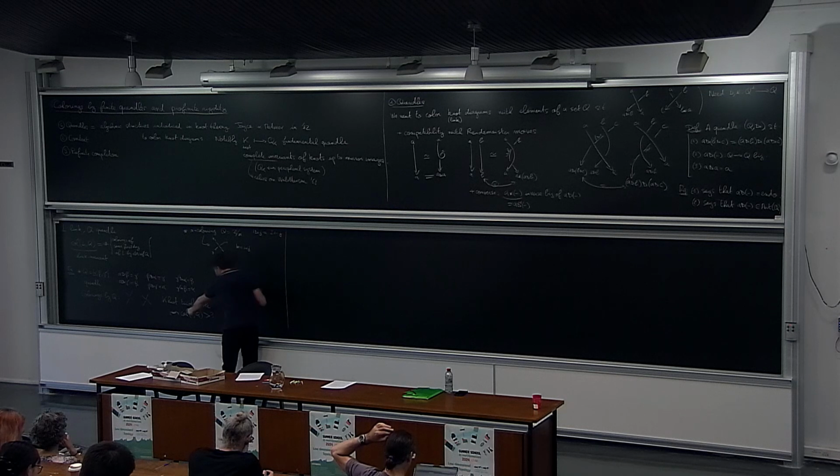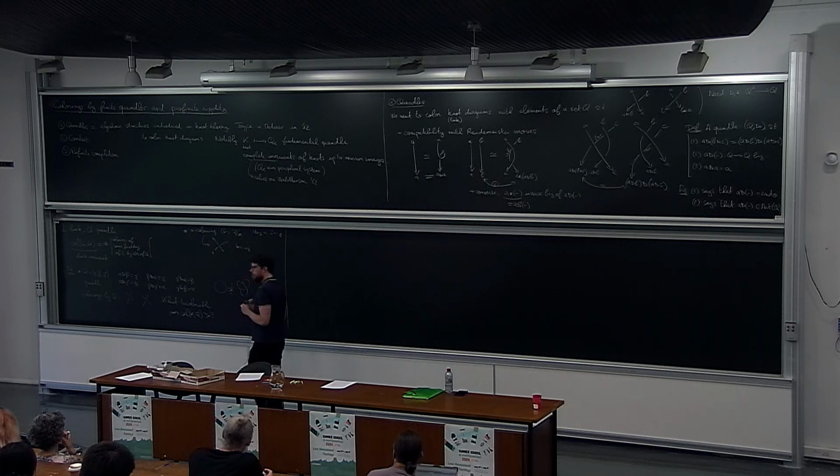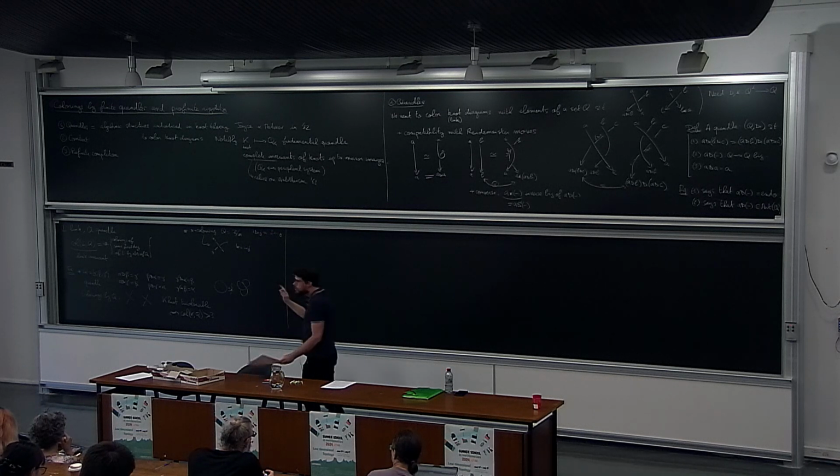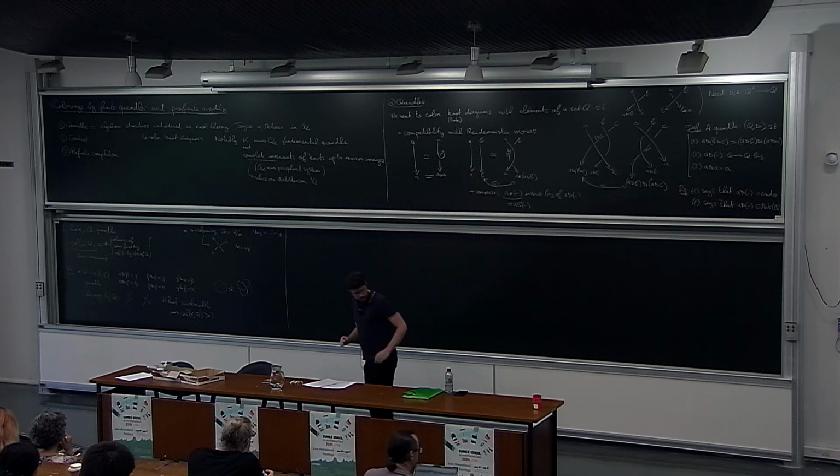So here this number is bigger than 3 and here it's equal to 3. Yes? Yeah, I'm not quotienting by an action of the symmetric group or anything. Yeah, I mean, you could, but I'm not doing that.